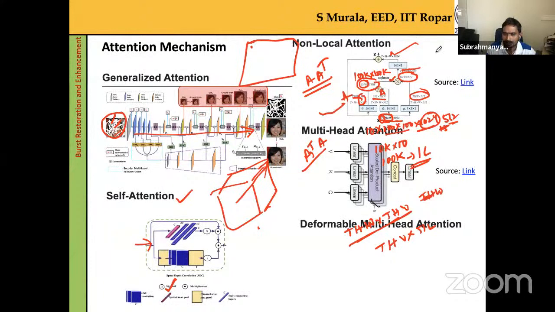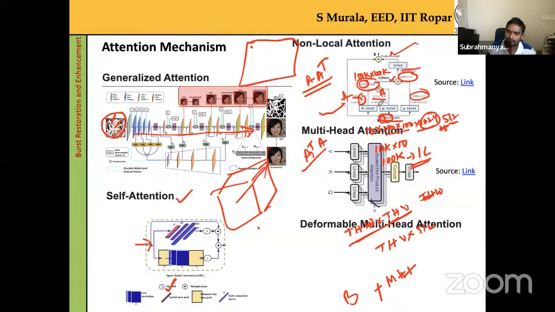So this is up to the existing literature, but here we have developed deformable multi-head attention. We have utilized the concept of multi-head attention, which came from non-local attention, and non-local attention came from self-attention. But again, we are adding multi-head attention plus deformable-based convolutions.